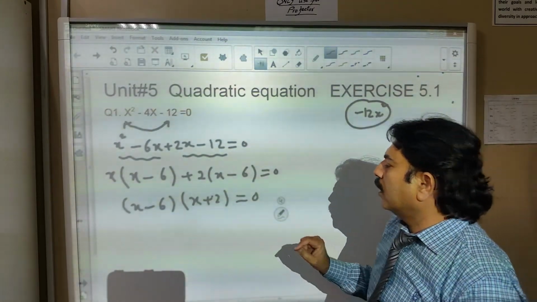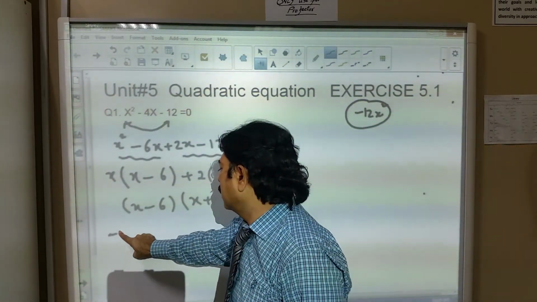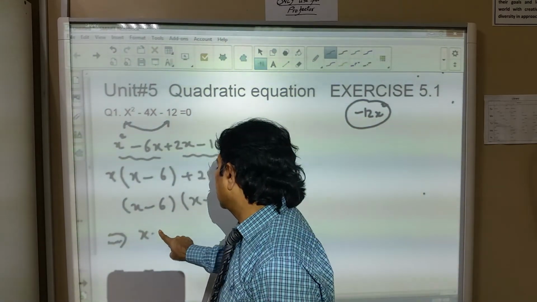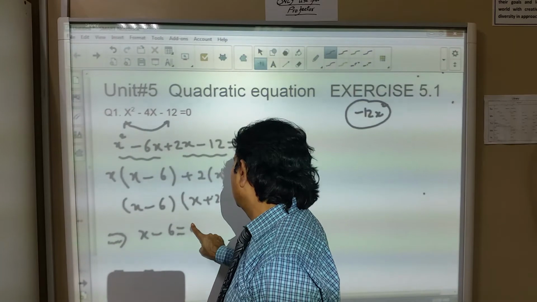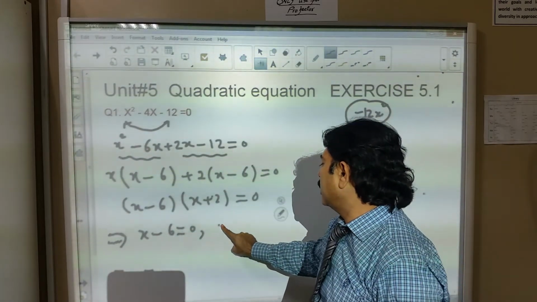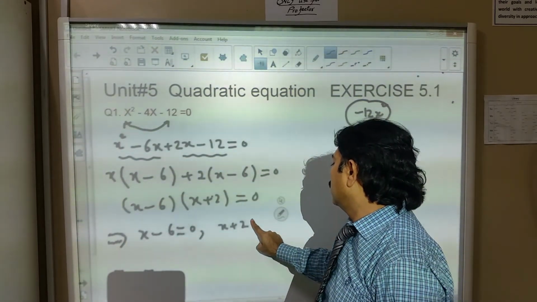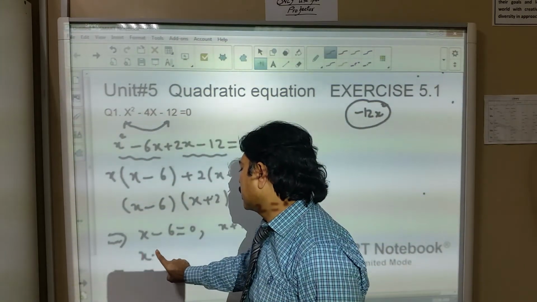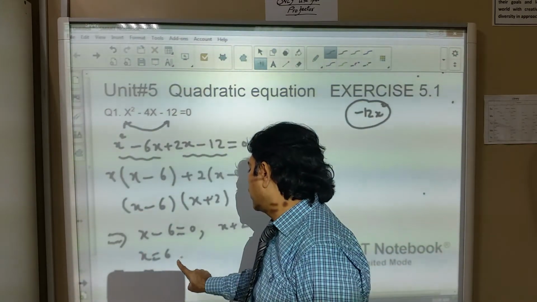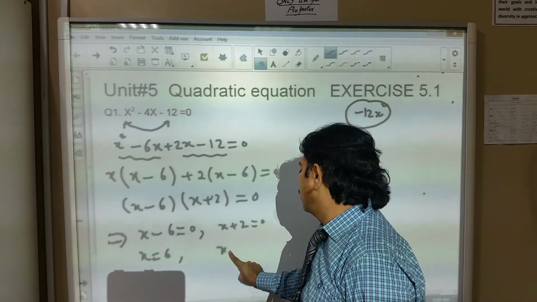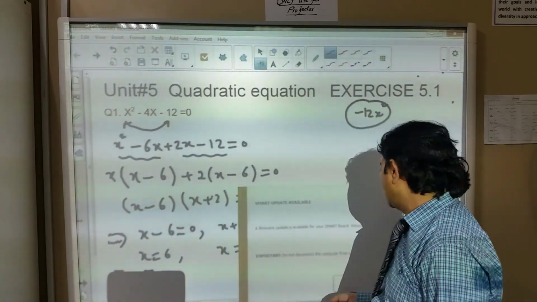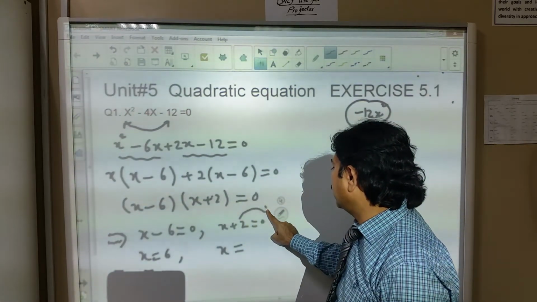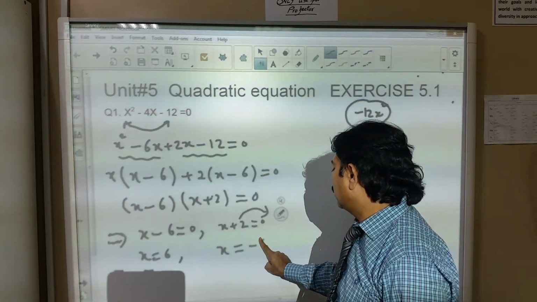Now we shall find the roots of this. It means either x minus 6 is equal to 0 or x plus 2 is equal to 0. So this means x is equal to 6, and x is equal to, transposing it, this plus 2 will be taken to the right side, so it is equal to minus 2.